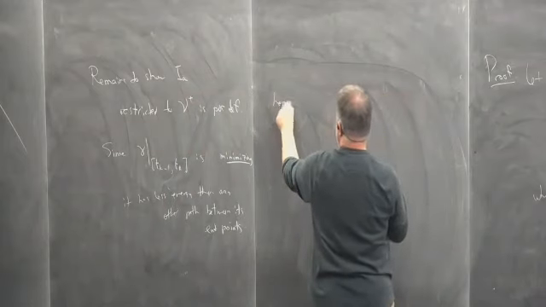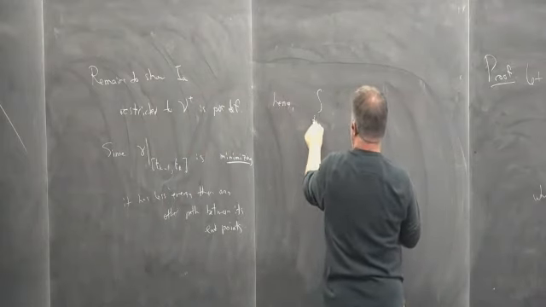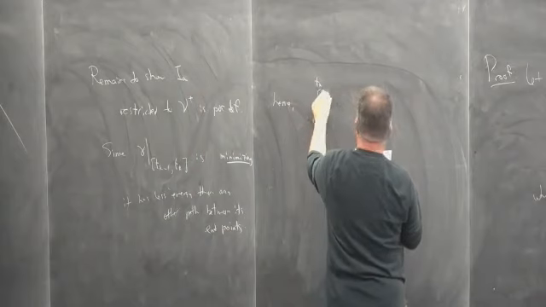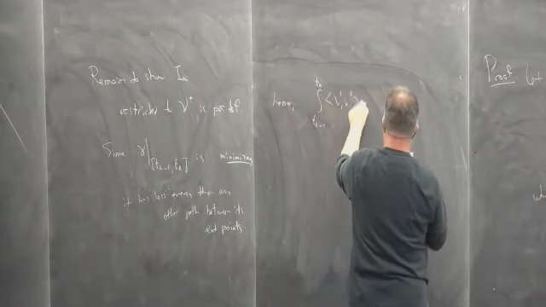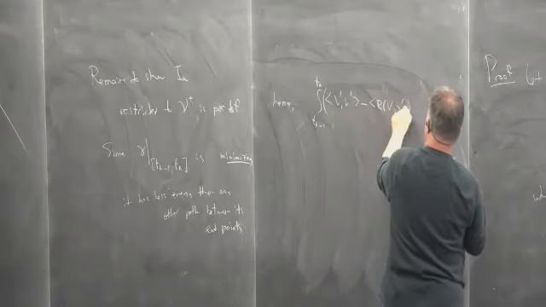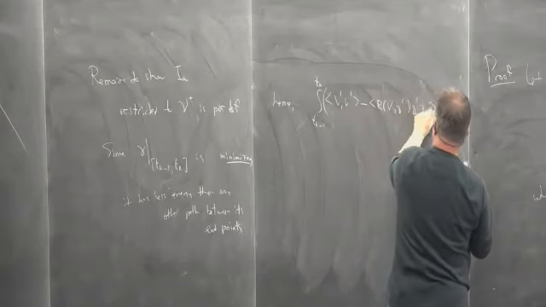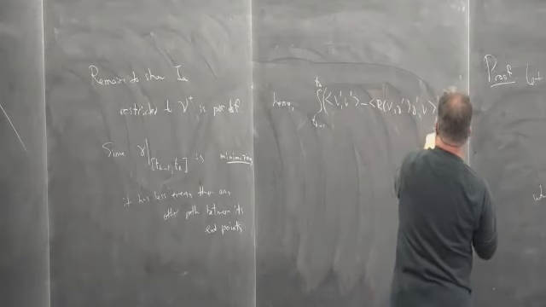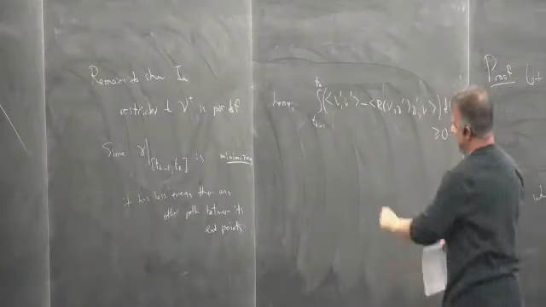So hence, the integral from t_{k-1} to t_k of the integrand with V prime and R of V, gamma prime, V dt is greater than or equal to 0, because this is the second variation formula.